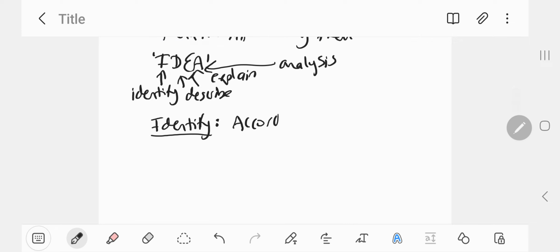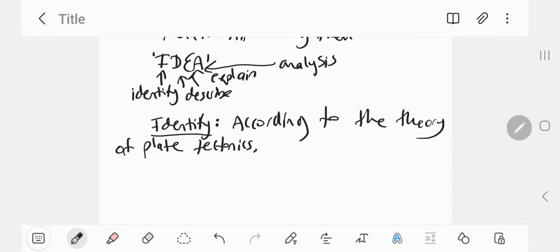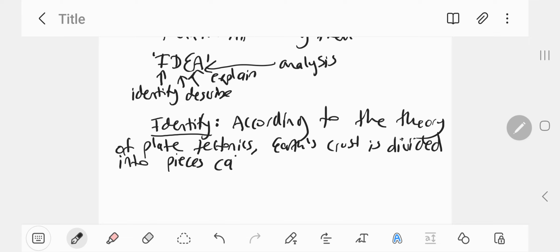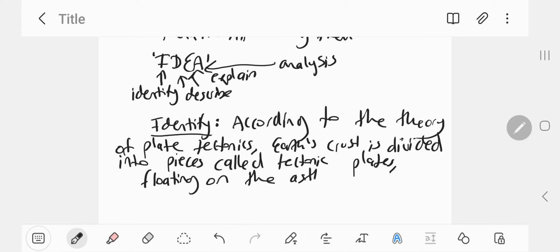A good way to start this: according to the theory of plate tectonics, Earth's crust is divided into pieces called tectonic plates, floating on the asthenosphere beneath.